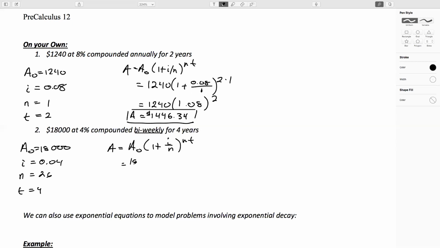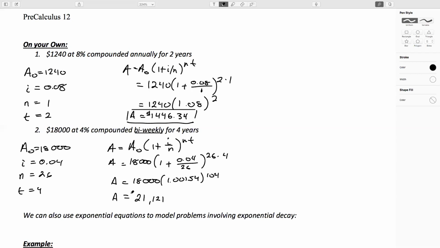A naught is 18,000 times 1 plus 0.04 over 26 to the power 26 times 4. This equals 18,000 times 1.00154 to the power 104. And when it's all said and done, you will have a principal or future value of $21,121.